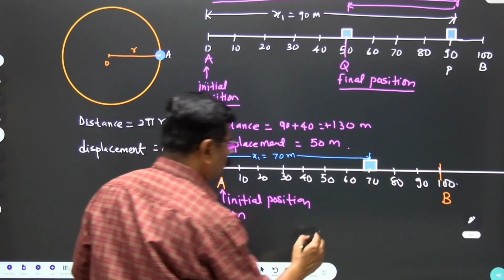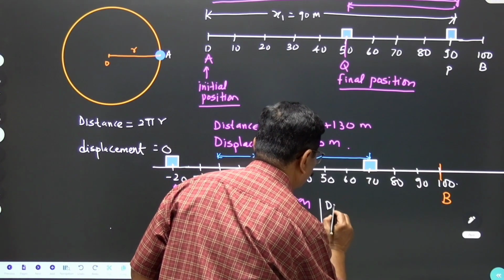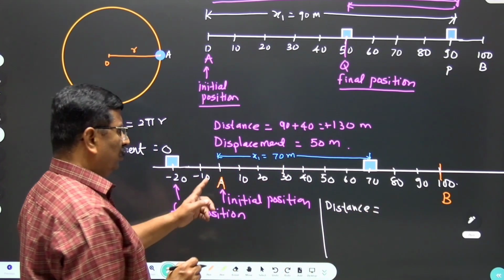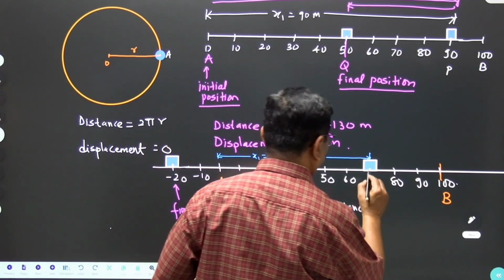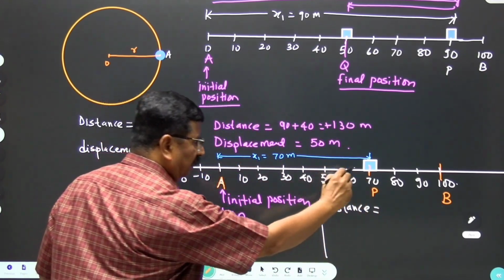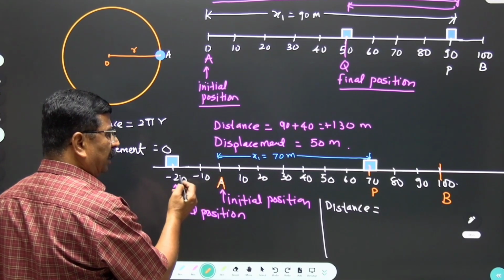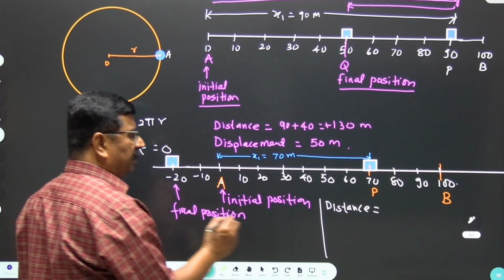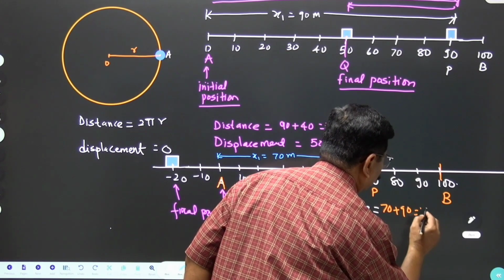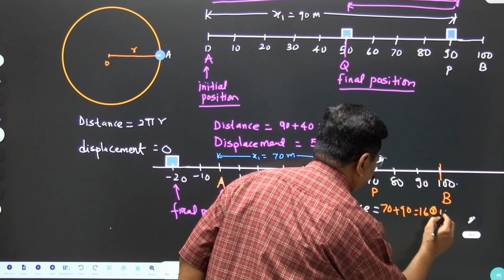Now, what is the actual distance traveled here? Actual distance traveled is from A to this point P, that is 70 meters, and then the body changes its direction and travels 90 meters to the left side. So actual distance is 70 plus 90, that is 160 meters.